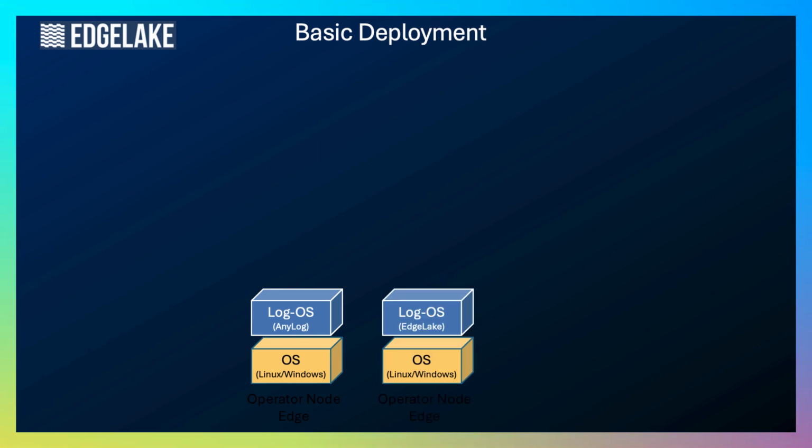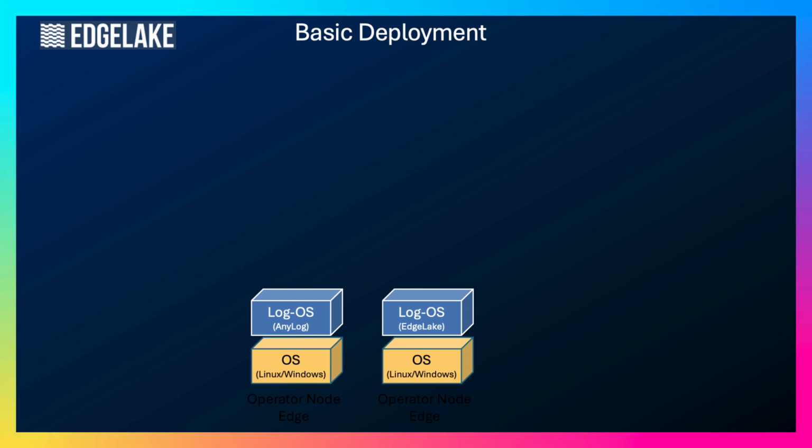So in a basic deployment, you have three basic Edgelake services. One is called an operator. An operator is used to actually store data and pull data from the edge devices. You have a master or a blockchain.